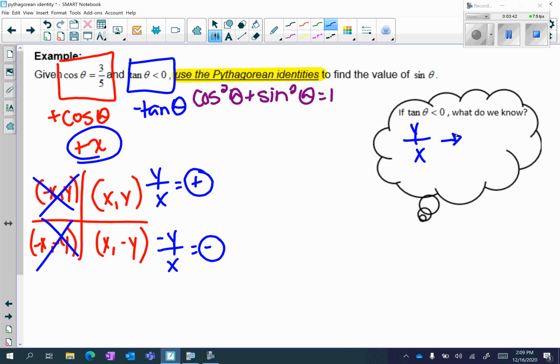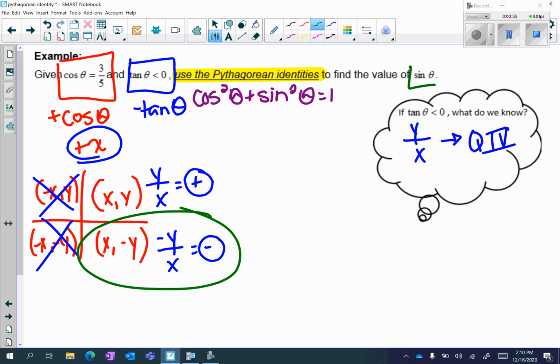So that means I have to be in quadrant 4. I have to be in quadrant 4, which means that I'm looking for sine, which is y, so my overall answer is going to be negative.